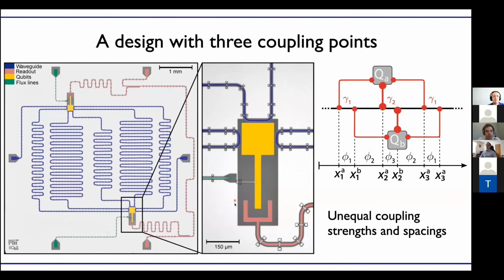It's maybe not so easy to engineer in superconducting circuits, maybe in other systems where you have atoms coupling preferentially to one or the other direction. I think you still need to break reciprocity somehow.